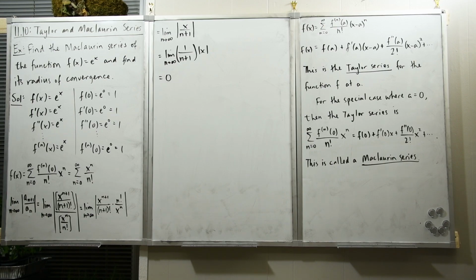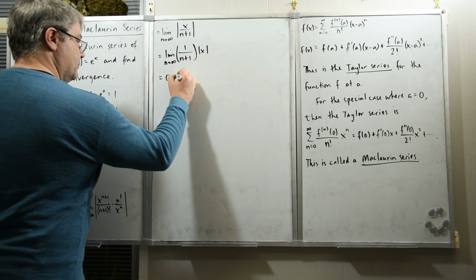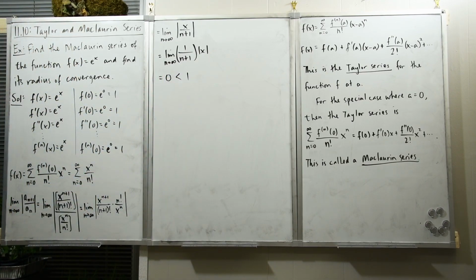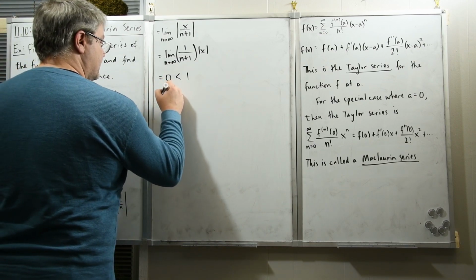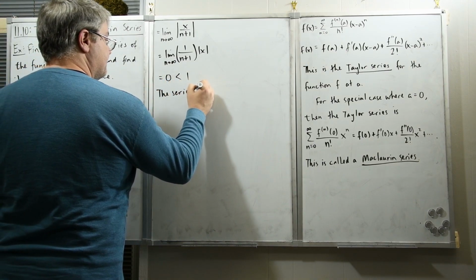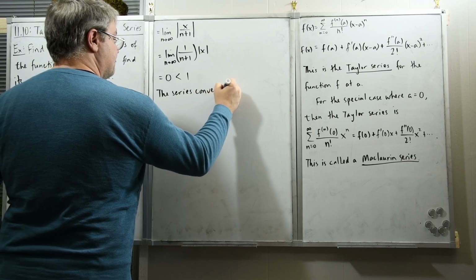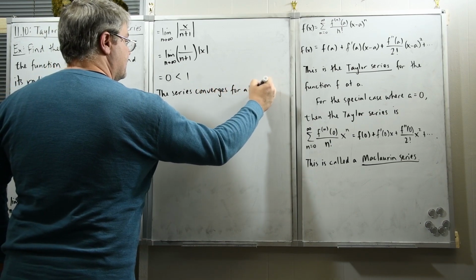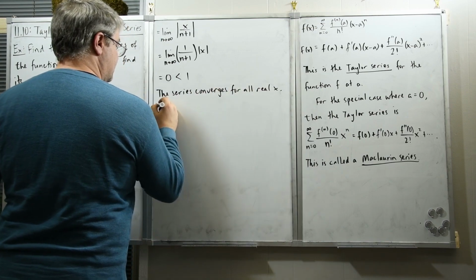So as a result, since we know that the ratio test gives us a limit that's less than 1 for every real choice of x, that means that our radius of convergence is infinity. That is, the series converges for all real x.